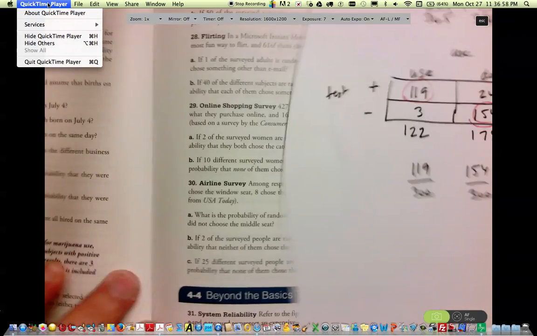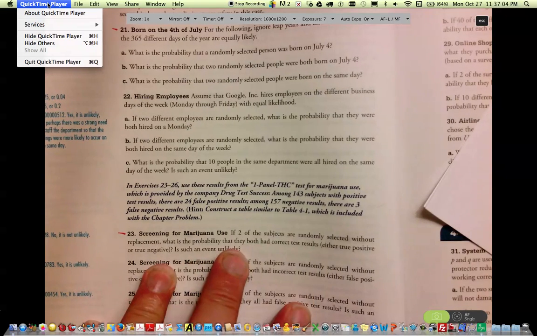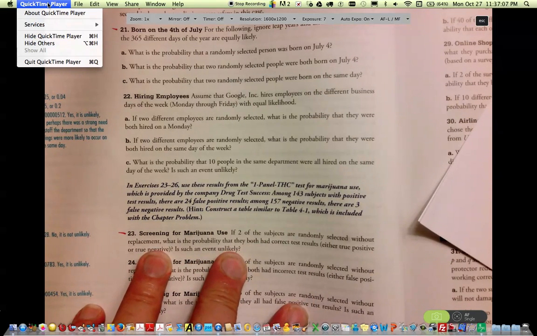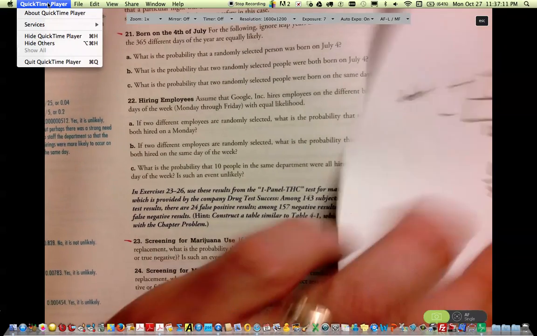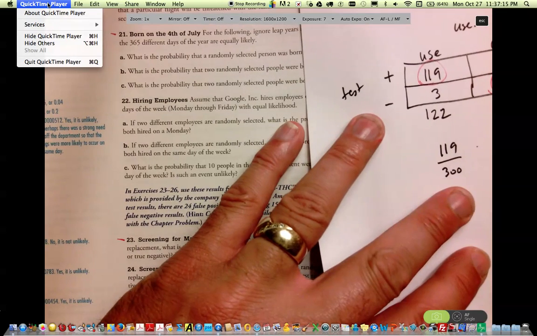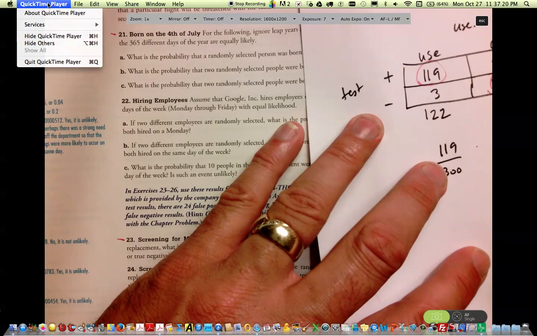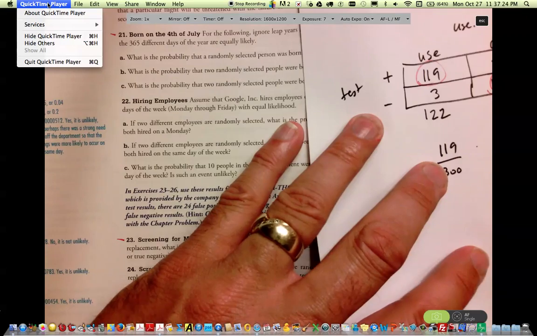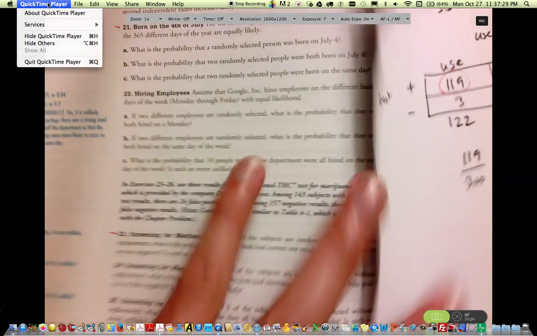The question says 2 people are selected without replacement. What is the probability that they both had correct test results? So 119 plus 154 is 273. There are 273 people that are in one of those 2 groups.